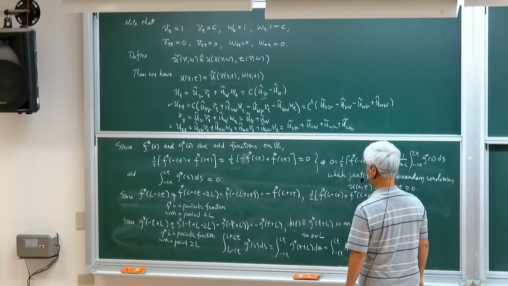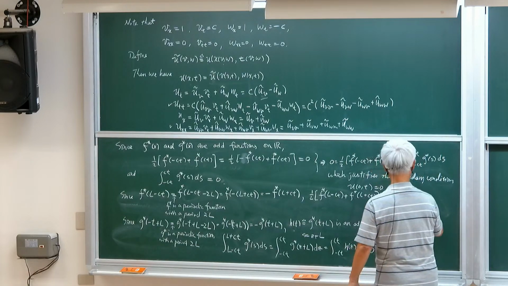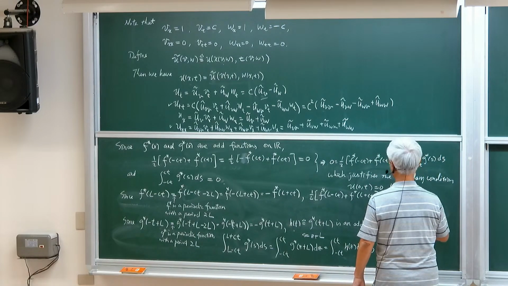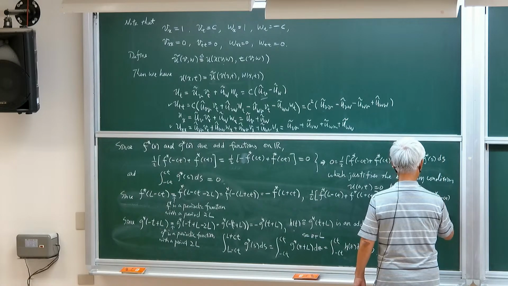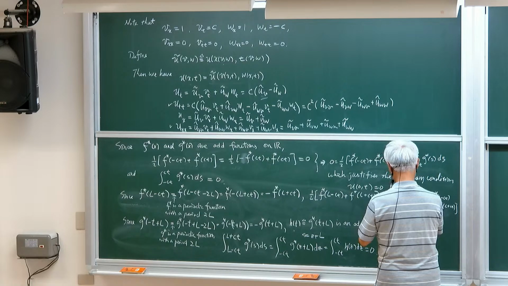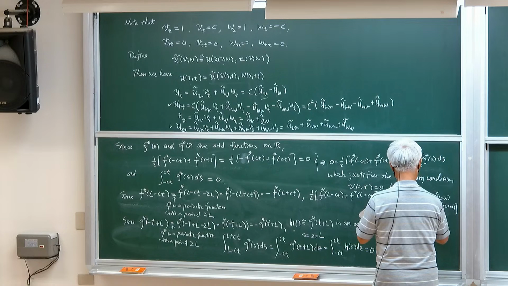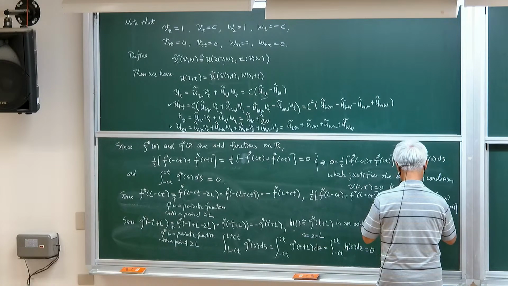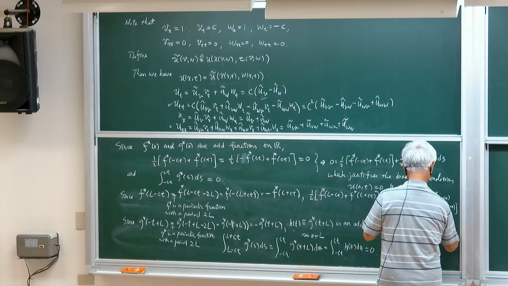So together, this implies that 0 is equal to half of f star of L minus ct plus f star of L plus ct, plus 1 over 2c times the integral from L minus ct to L plus ct of g star s ds.